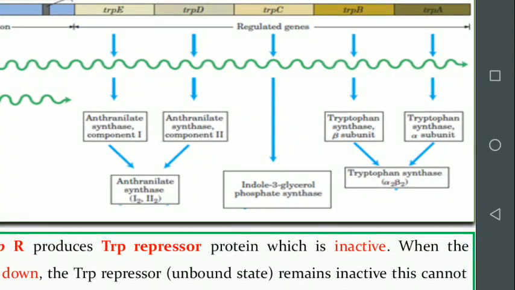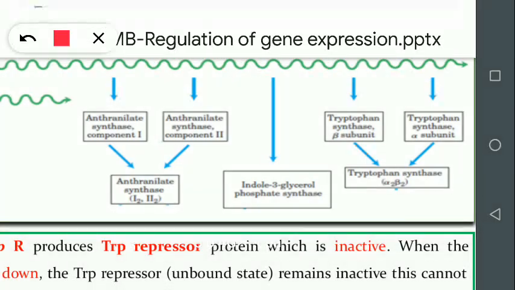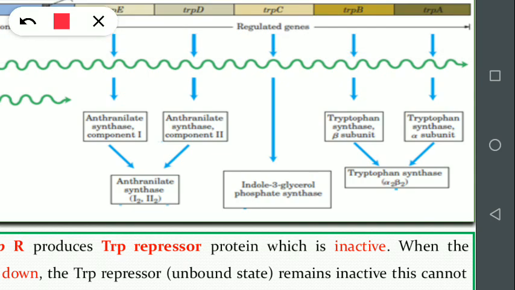And next, that next gene, the C, will directly form the third enzyme, in fact.